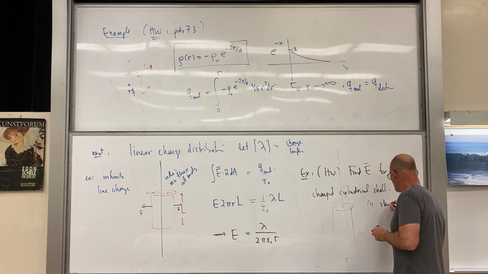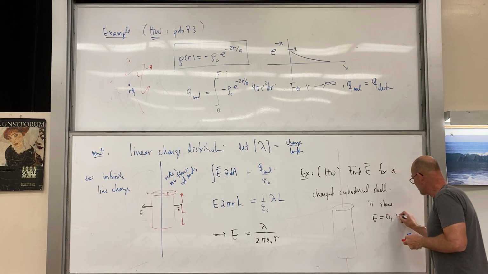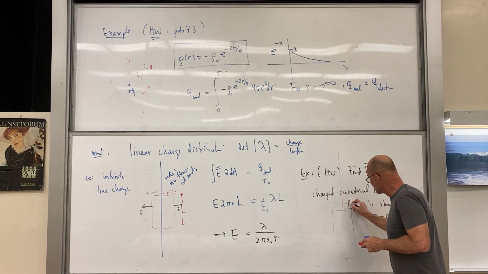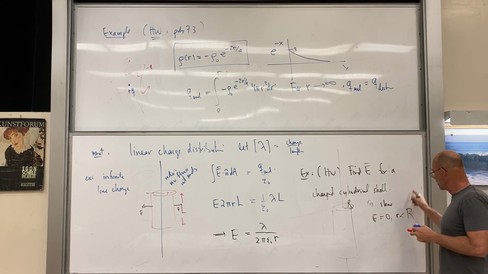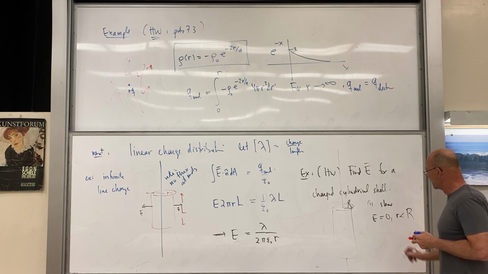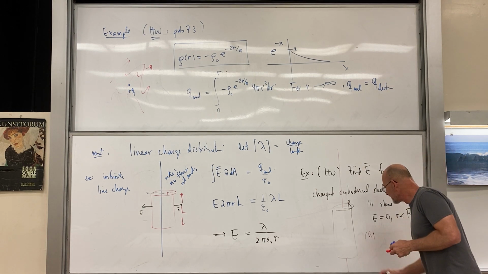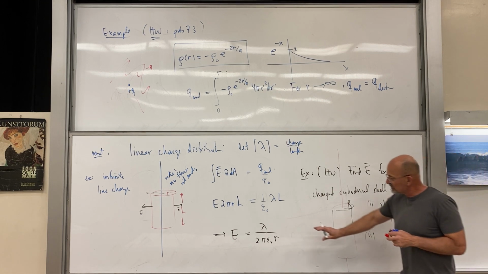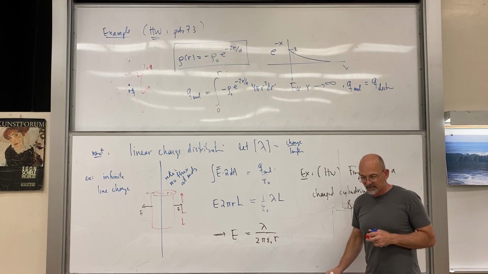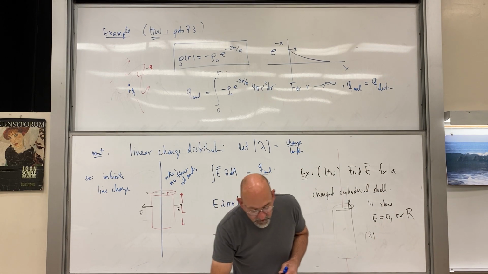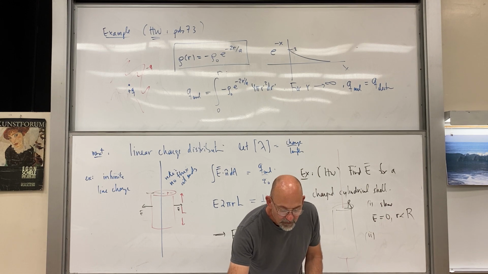Show E equals 0 for r less than, let's say the shell has a radius capital R. And then outside the shell, you'll be able to draw a similar conclusion to this. I may want to add even another one here of that same type.